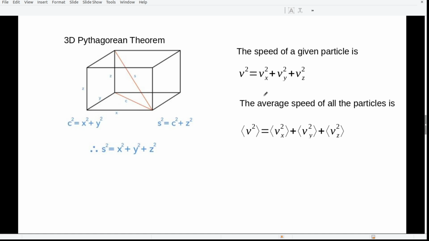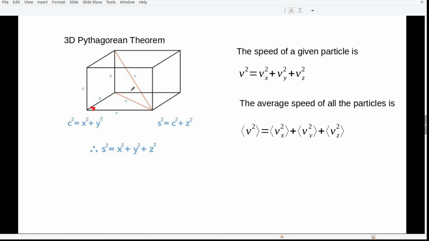Okay, average speed. So for any given particle, its speed squared is going to be the sum of its components squared, right? That's just the same as Pythagorean theorem in 3D, which you can see right here. Pythagorean theorem is c squared is equal to x squared plus y squared.